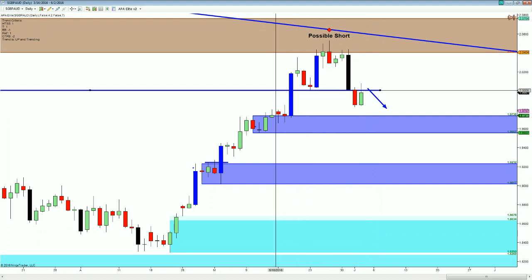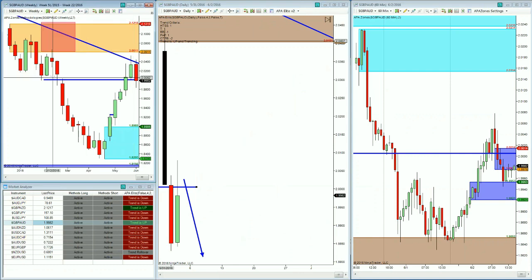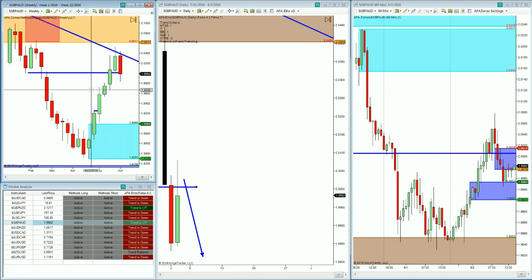Now, I also drew this line, and I think this line is kind of an interesting line. I believe this line is from that previous pivot over there. All right, so we may be forming a new weekly zone right below here. So remember how sometimes we get levels on top of levels?